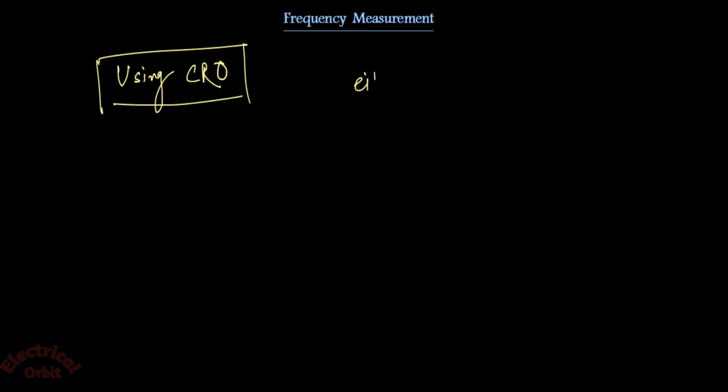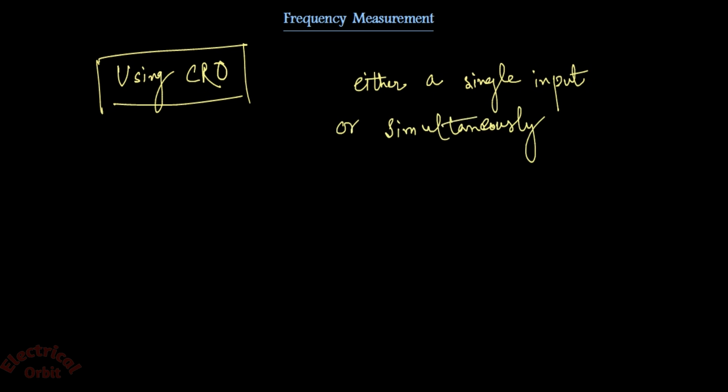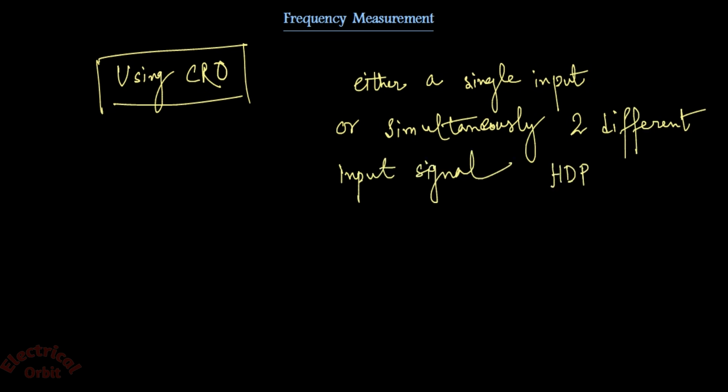Welcome. In this lecture, we are going to understand the frequency measurement techniques using CRO. In the previous lecture, we have seen that we are using either a single input or simultaneously two different input signals at the horizontal deflecting plate and vertical deflecting plates.